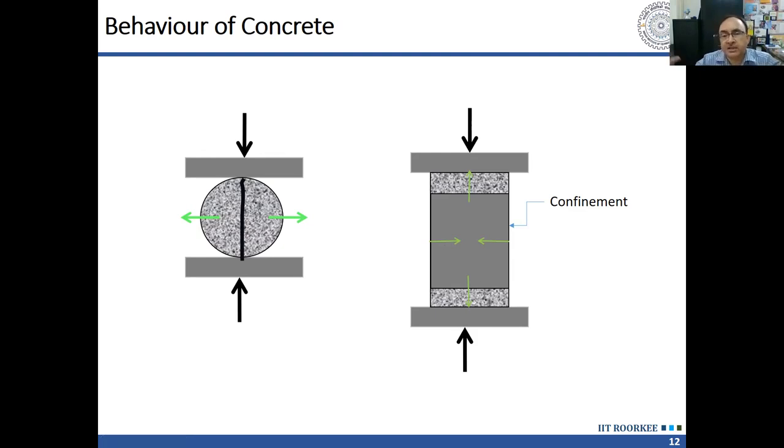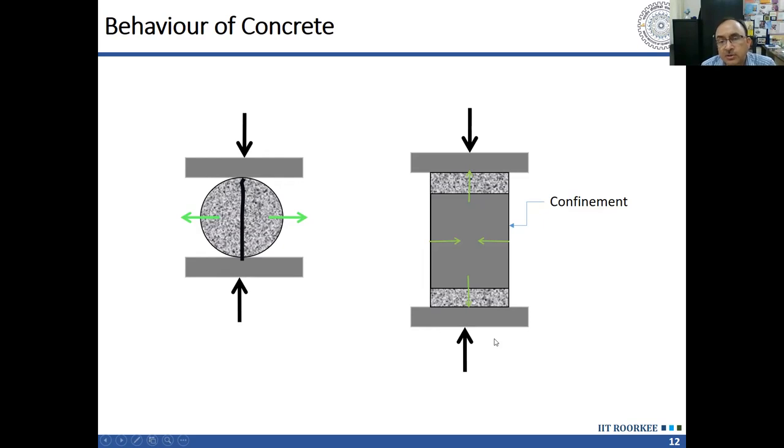So when I apply the compressive stress in the radial direction, the opposite of that will act. Due to Poisson's effect, tensile stress will act in the vertical direction, and this tensile stress will partially compensate the applied compressive stress. And what will happen when it is going to fail?